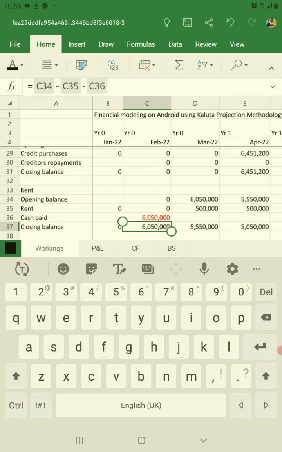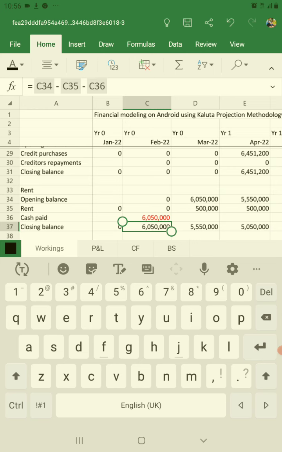That's why we have the closing balance of advance payment in February to be a positive figure. And as I said, the monthly rent starts to accrue on March. So the whole amount we have paid in February is advance rental.